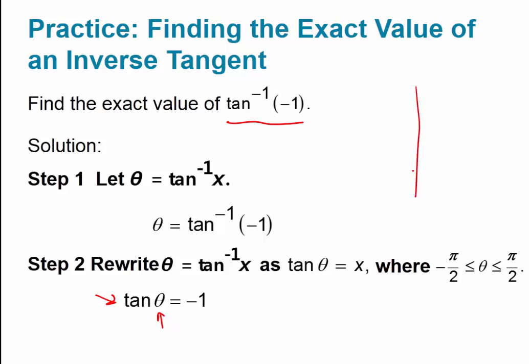I think it's helpful to think about our graph. Again, we're just from negative pi over 2 to pi over 2 here. We're looking at the tangent. So why don't you sketch a graph of the tangent? And I think once you start to make your graph, you will remember where the tangent function would spit out a value of -1. So go ahead and pause your video player now and answer this question.